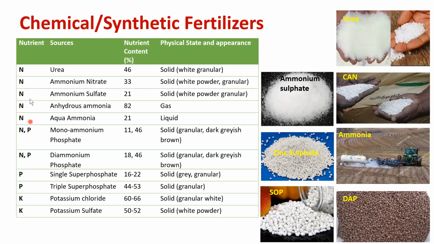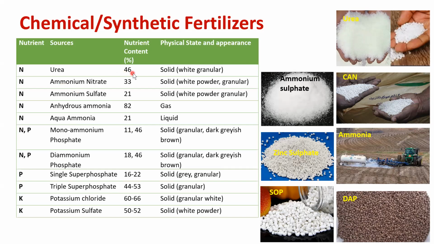All of these above are nitrogen sources, and then we have NP, where nitrogen and phosphorus are both present. Then we have phosphatic fertilizers and potassic fertilizers. We also have compound fertilizers like NPK. They are formulated in various concentrations as per the requirement of different crops and plants.